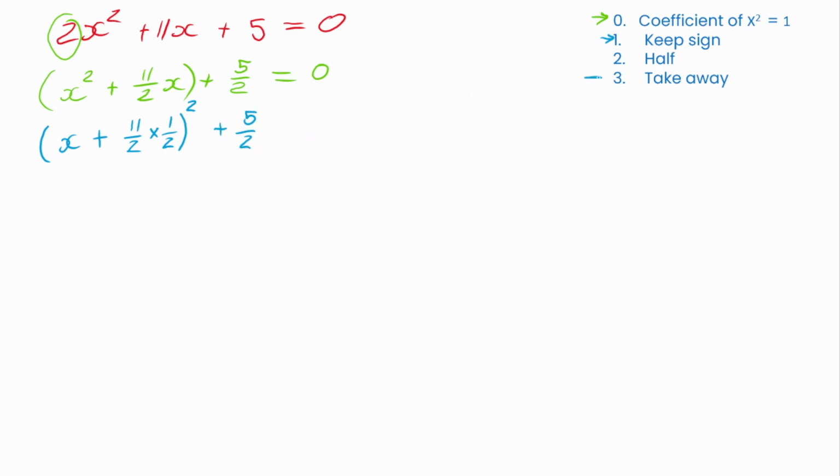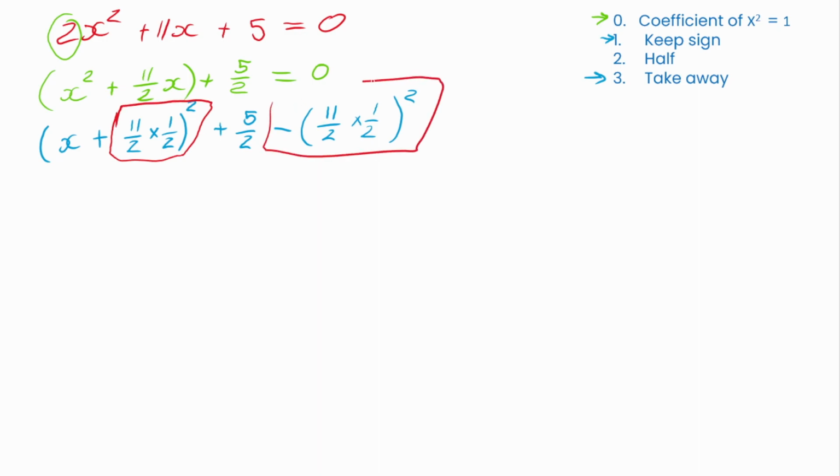Then I write this number, 5 over 2. But what I have to do now in step 3, I have to take away my creation. So I say minus, and my creation is 11 over 2 times 1 over 2, squared. So remember, this whole thing over here is something we've created. So that's why we have to take it away over here.